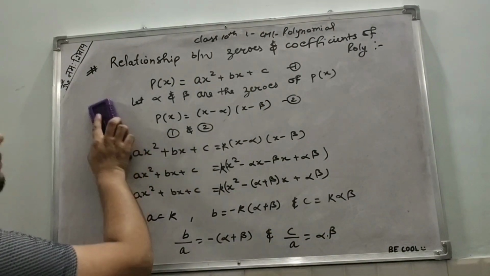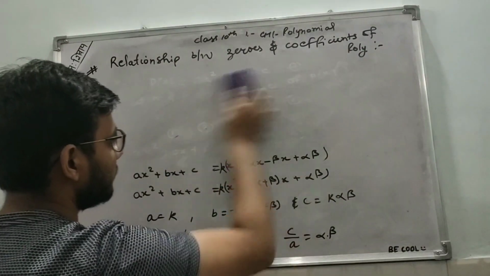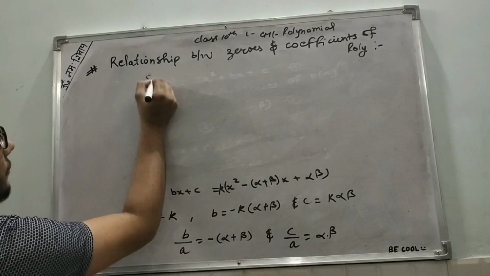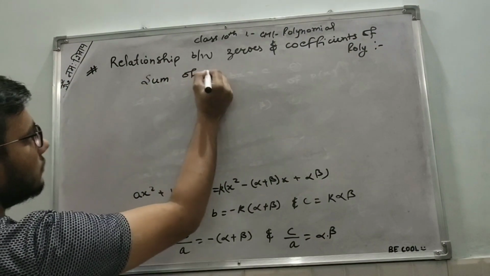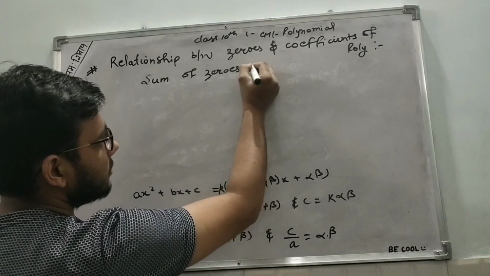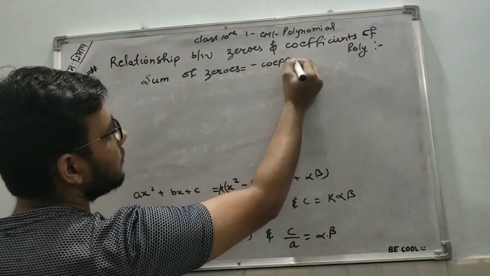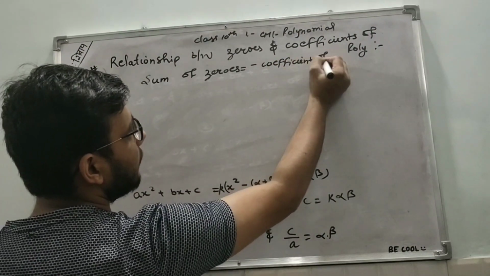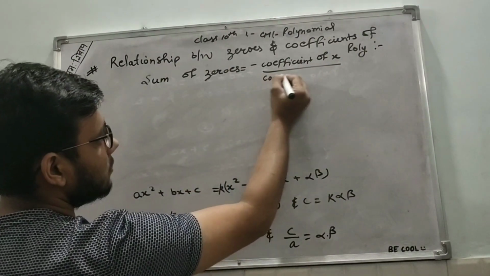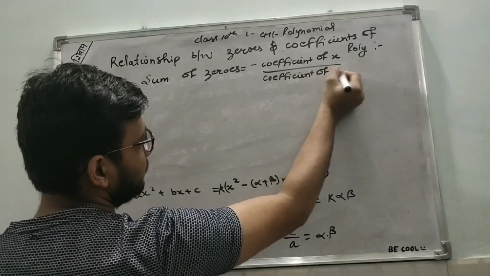So hence sum of zeros is equal to minus coefficient of x upon coefficient of x square.